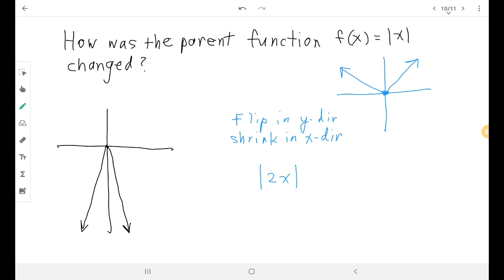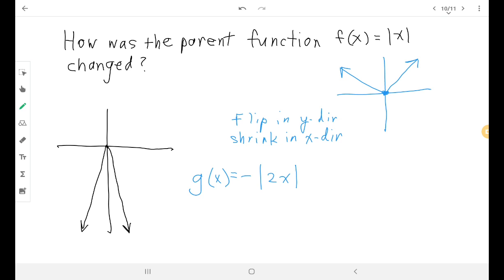And then the flip in the y direction would mean a negative not grouped with x. So that would be our new one if we call it g of x. That's how we would write g of x, with maybe a 3 there, or a 4 there, or a 2.5. It's really hard to tell.